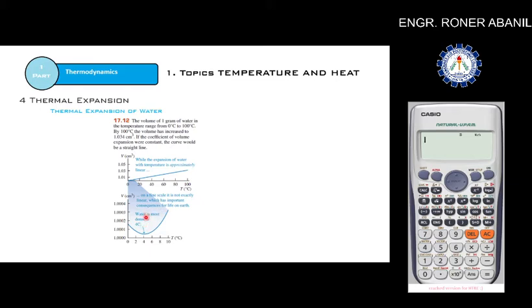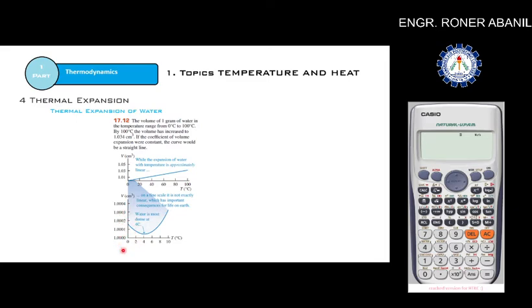So, merong special characteristic ang isang tubig, no? Unang-una, kapag ang temperature range is from 0 to 4 degrees Celsius, nagdi-decrease yung volume niya kapag nag-increase yung temperature. So, makikita natin yan dito.